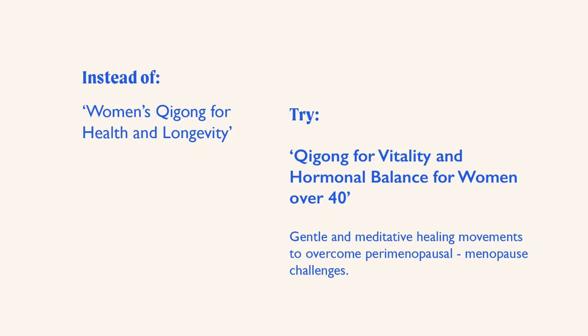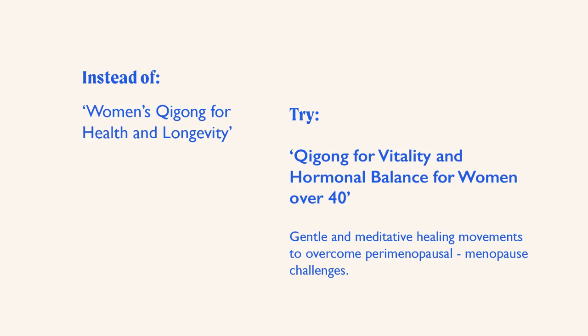If you really understand the challenges of the ideal women clients or students looking for a course like this, because there's a certain age group that may take an interest in something like Qigong, then you would know they have certain challenges that are specific to their age. So you can create a headline that's more specific and really catering to your ideal audience.